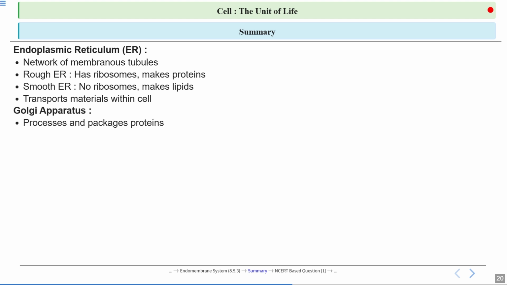What is the main function of the Golgi apparatus? Processing and packaging of the proteins which are synthesized by the rough endoplasmic reticulum. The Golgi apparatus receives the vesicles coming from the endoplasmic reticulum, and then these proteins are modified inside the Golgi apparatus.